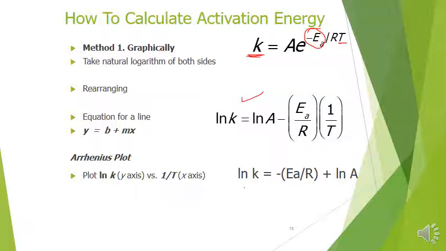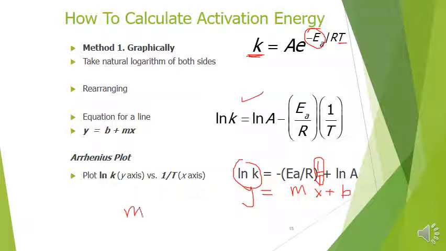Now why would we do that? What we have is y equals mx plus b. Oops, this should be 1 over T here. y will be the log of k, and x will be the inverse of temperature.